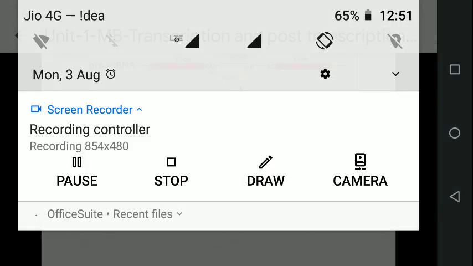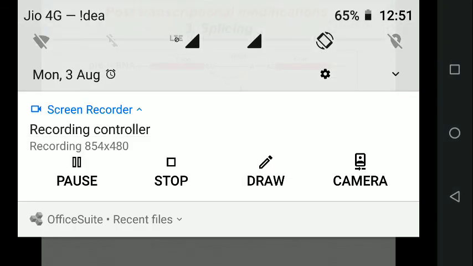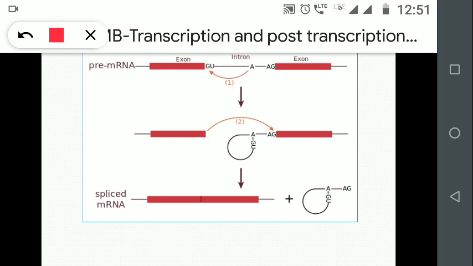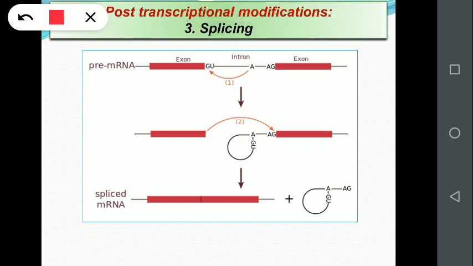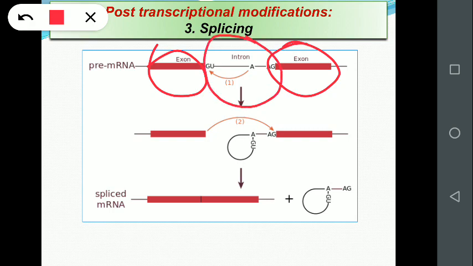Now what happens here: this is the exon, the red one, and another exon, the brown one. Each intron has some specific signals.